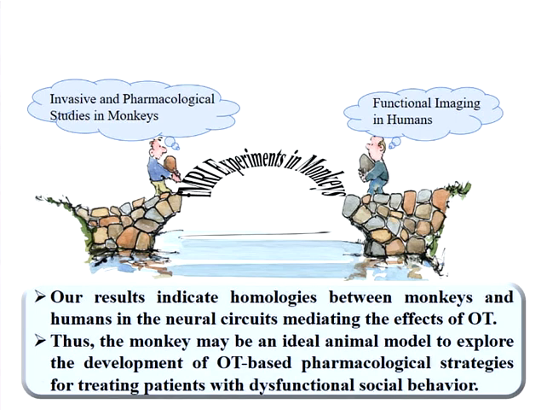That is, we can use monkeys as a model to explore oxytocin, such as developing oxytocin-based pharmacology strategies for treating patients. And especially we can use invasive and more complicated pharmacology methods in monkeys, such as infusing oxytocin or other hormones directly into the regions we are interested in.